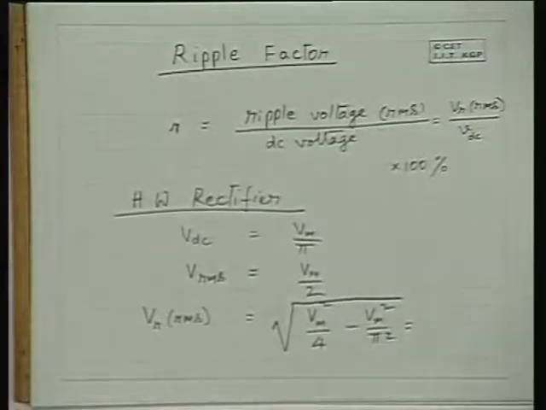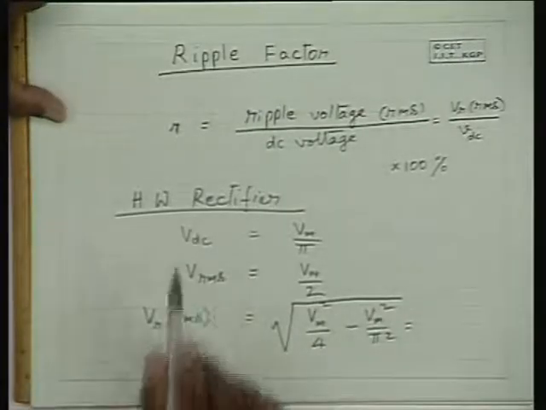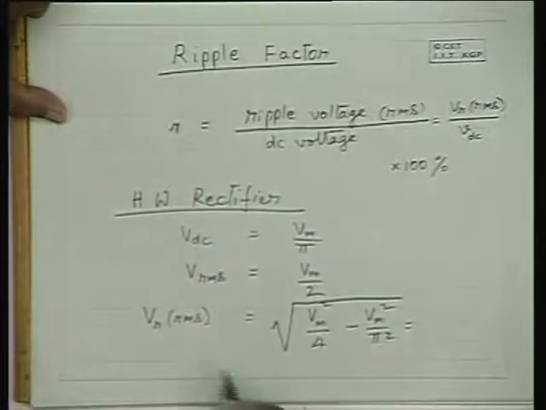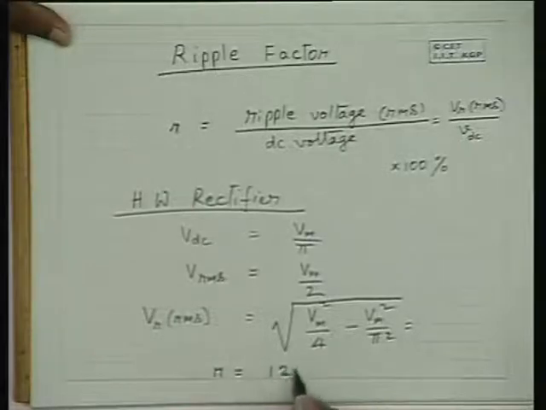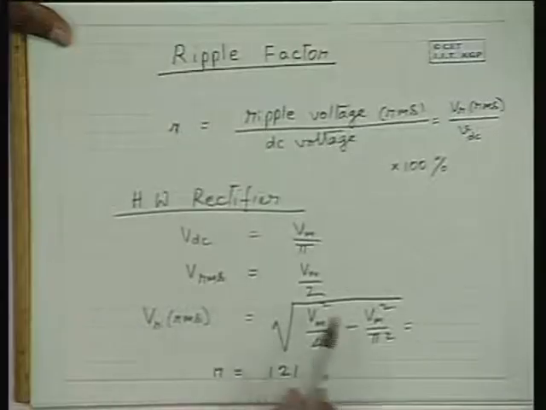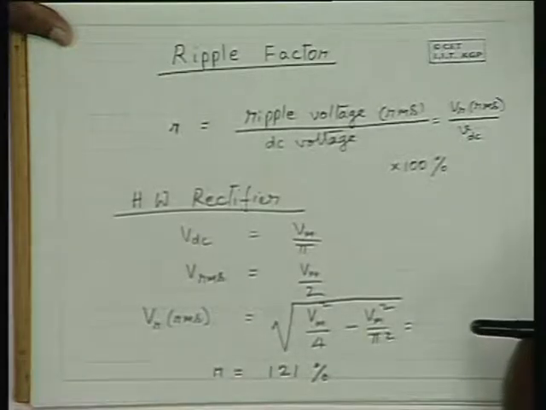This can be substituted in the ripple factor expression, and we can show that the ripple factor is equal to 121%, because the ripple's RMS voltage is larger than the DC voltage which you get here.